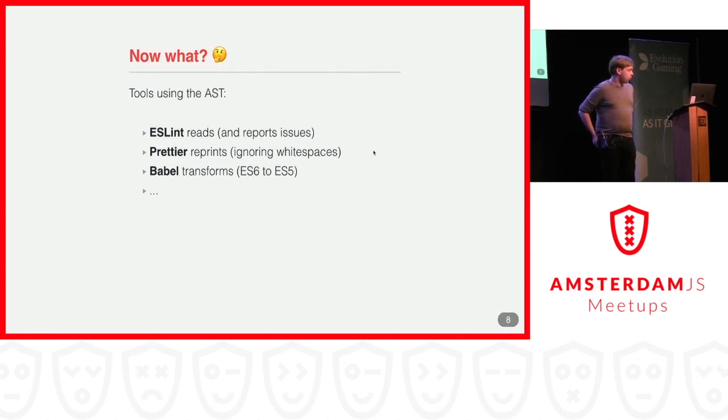The last one will be Babel, a pretty popular module by now, which transforms the AST as well before reprinting it, so that you can use ES6 features and have them run in the ES5 environment. Obviously, there will be a lot of other transpilers like TypeScript, and they work in a similar fashion.